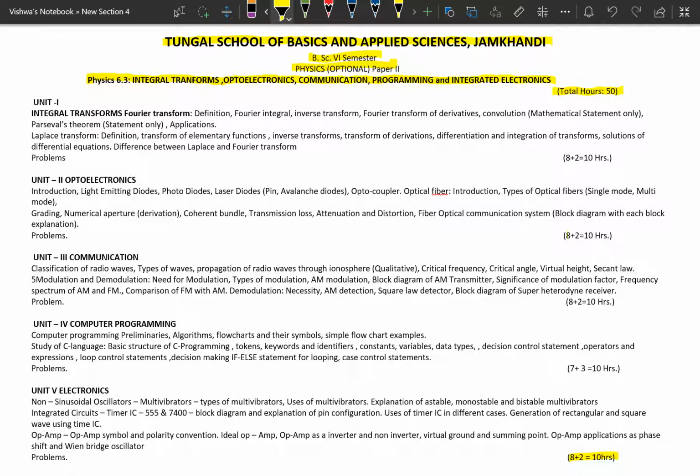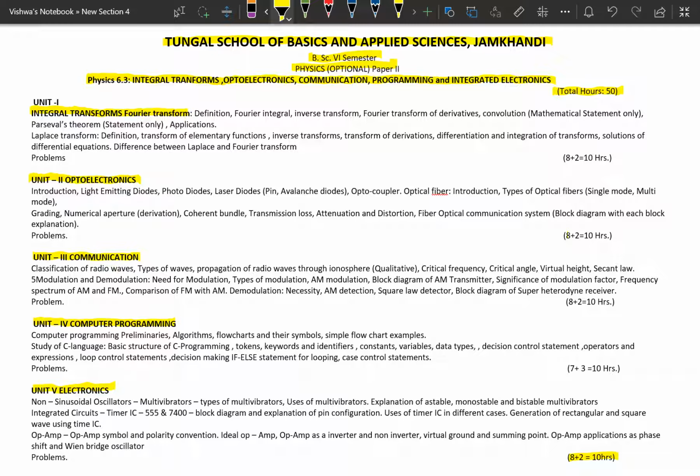The first unit is Integral Transforms, Fourier Transforms, of 10 hours. Next is unit 2, Optoelectronics, the third unit is Communication, and the fourth unit is Computer Programming. The last unit is Electronics. Each unit consists of 10 hours of syllabus.